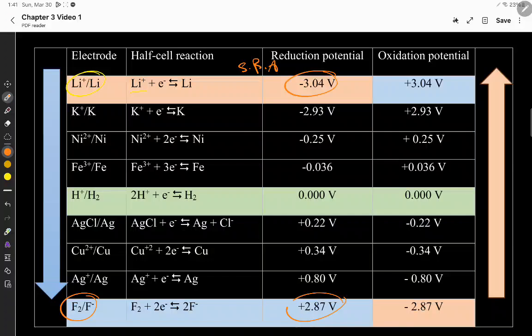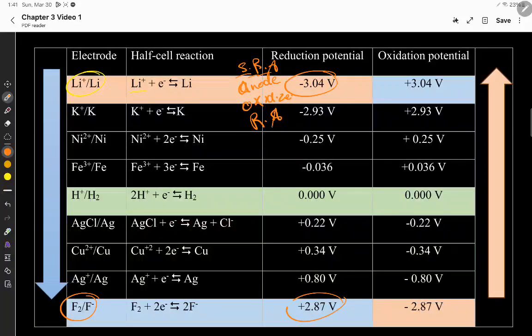When the reduction potential is negative, the substance is going to be the anode. It is going to be oxidized. It is going to be the reducing agent. Now, the more negative the value, or the less the reduction potential, the stronger the reducing agent.